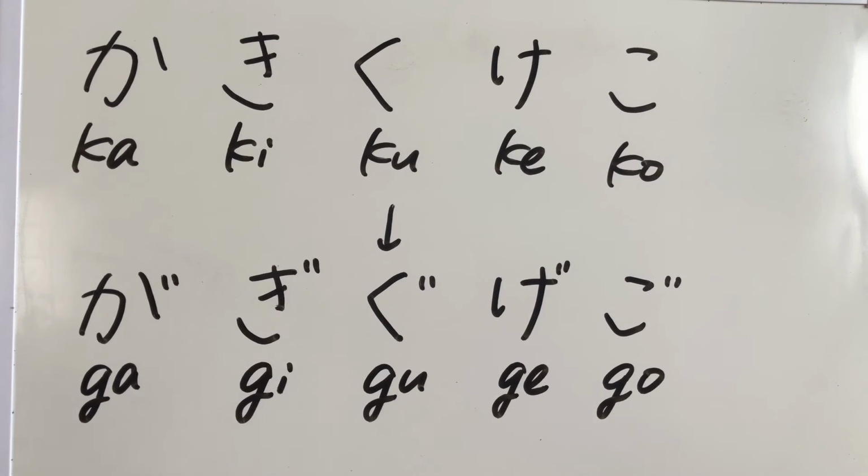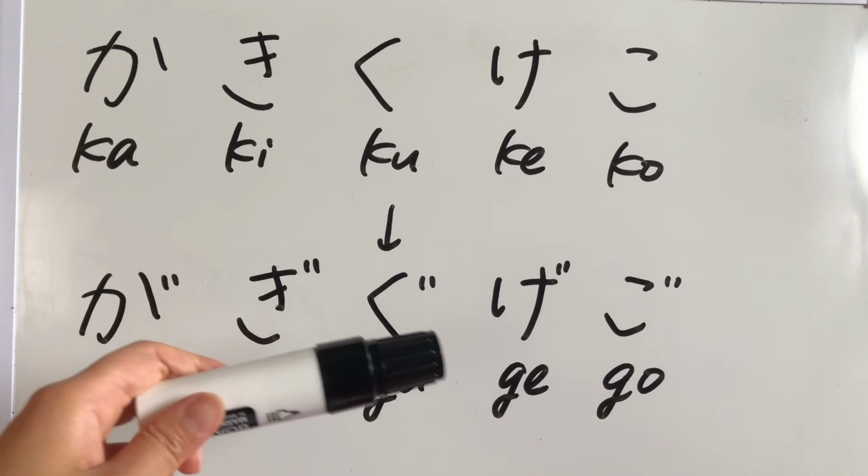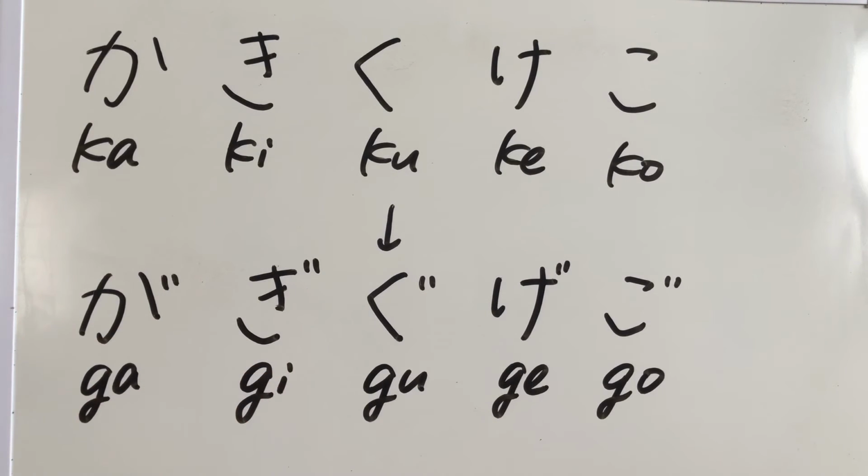And when you have dashes like this, the K sound becomes a G sound, and we say ga, gi, gu, ge, go.